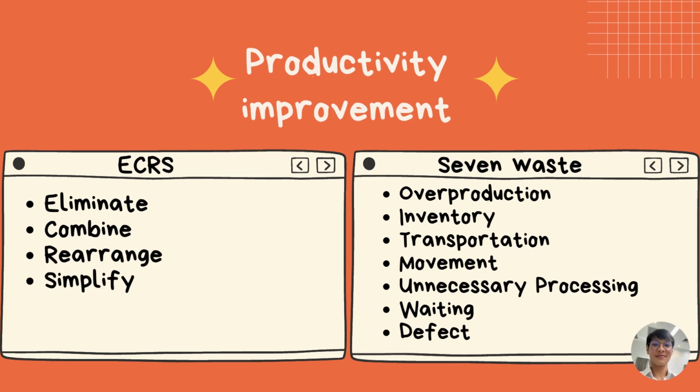The seven wastes are overproduction, inventory, transportation, movement, unnecessary processing, waiting, and defects.